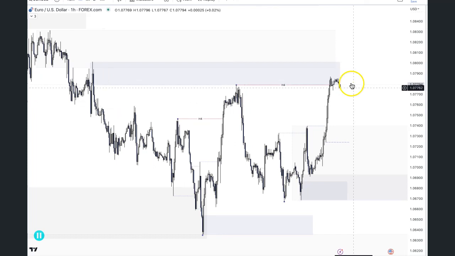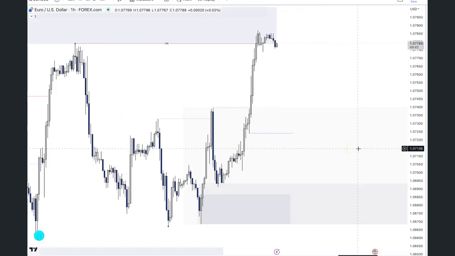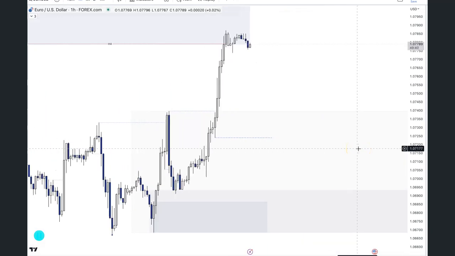So again, my bias is that probably the H4 is going to go up to this zone and then come down further. Can we draw some kind of demand zone here? Maybe this is one zone that we can look at. It did sweep liquidity, there's been a reaction, and then we've gone up.